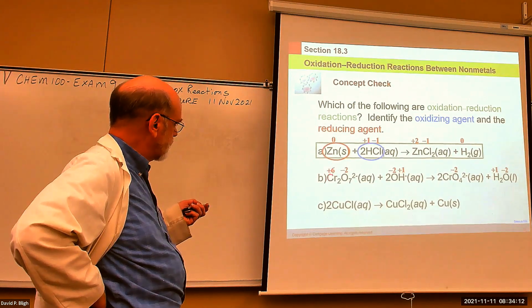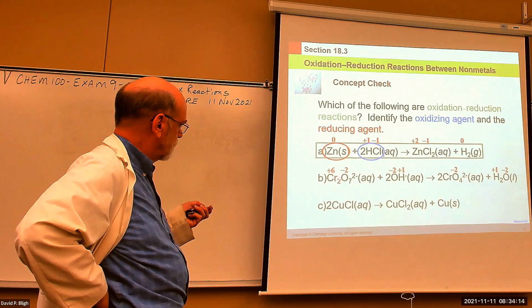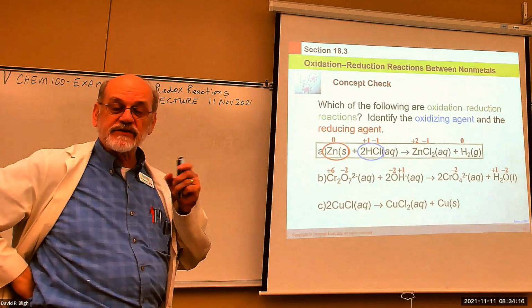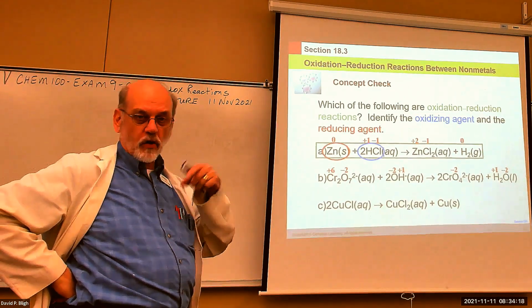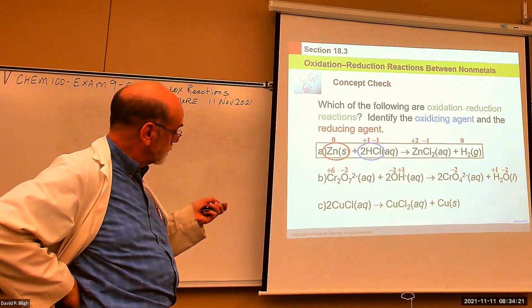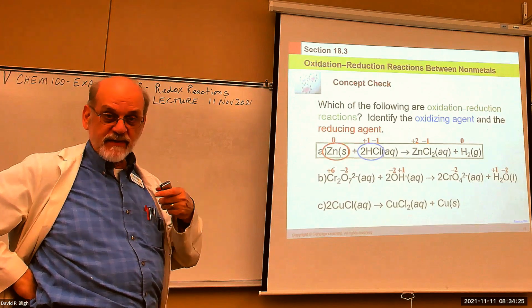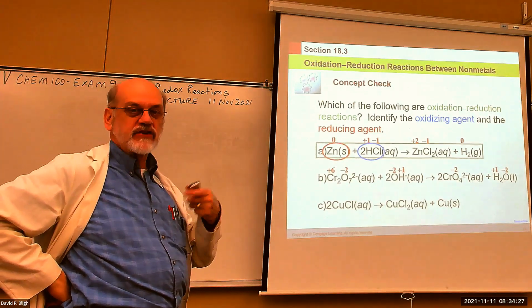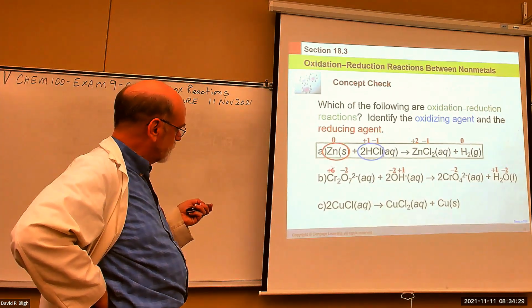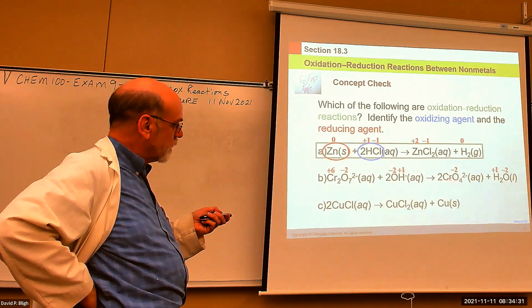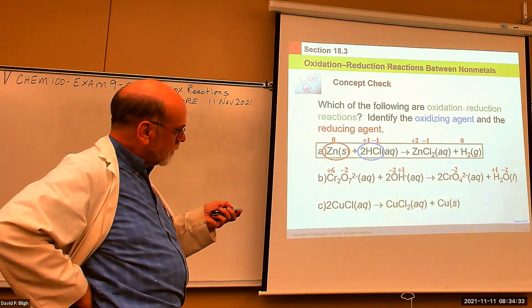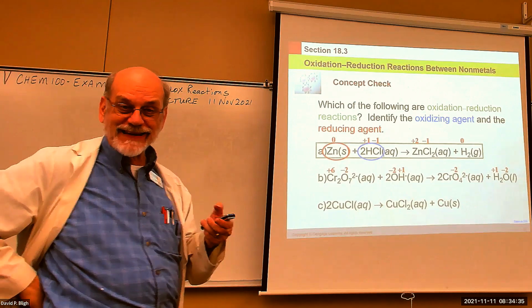Chromium is +6 here, right? 7 times -2 is -14. We hold out 2 negative charges for the ion. That means -12 has to be balanced by 2 chromiums. Each one has to be a +6. Then we go over here and check that one out. 4 times -2 is -8.